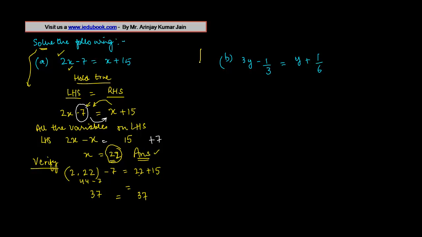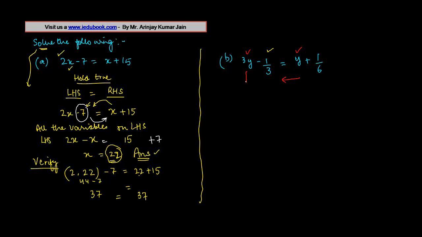Now let us solve the second one. There is really not much of a difference, except that we have some fractions here. So how do you solve this? We try to bring all the terms containing the variable, 3y and y, to one side of the equation. And as I told you, the variables are to be brought to the left hand side.